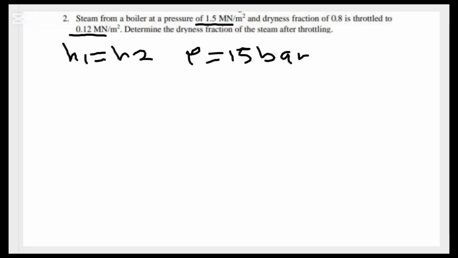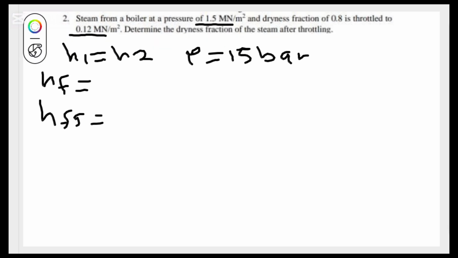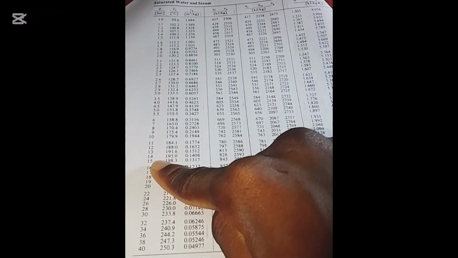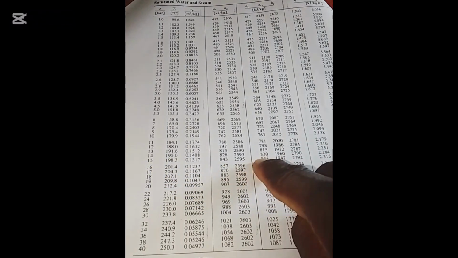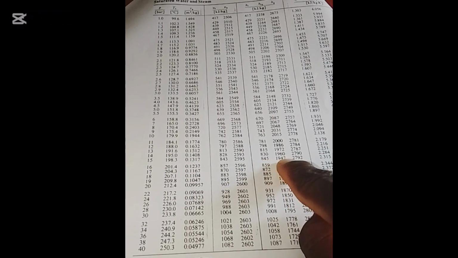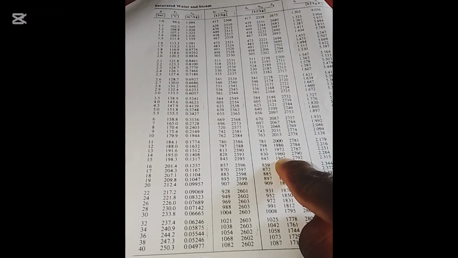From the steam table, we are going to find h_f and also h_fg. At 15 bar, the value of h_f will be 845, and the value of h_fg will now be 1947.